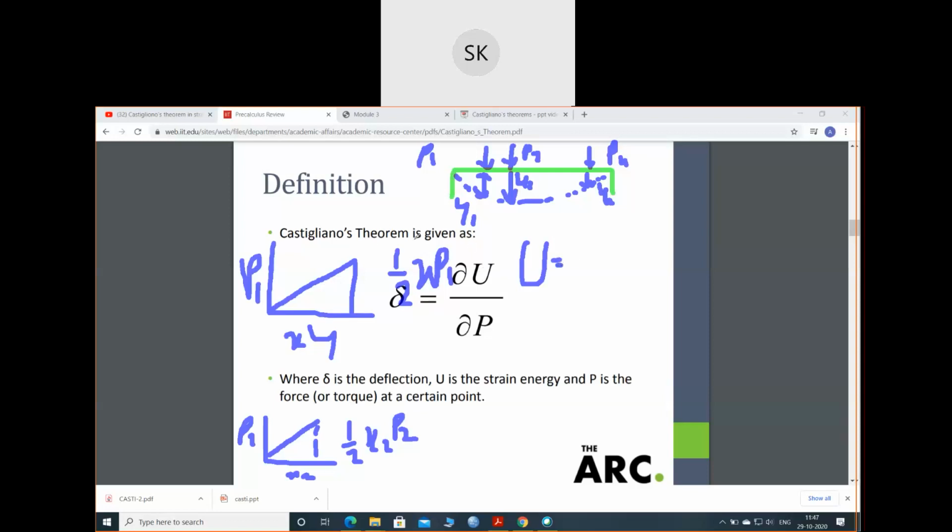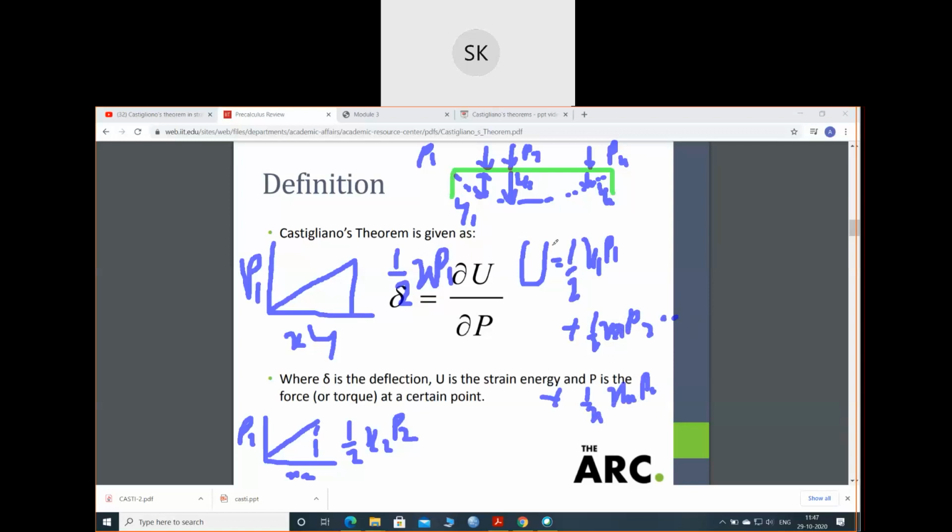It will be the summation of these areas: half x1 P1, plus half x2 P2, plus half xn Pn, with many more values till xn Pn.